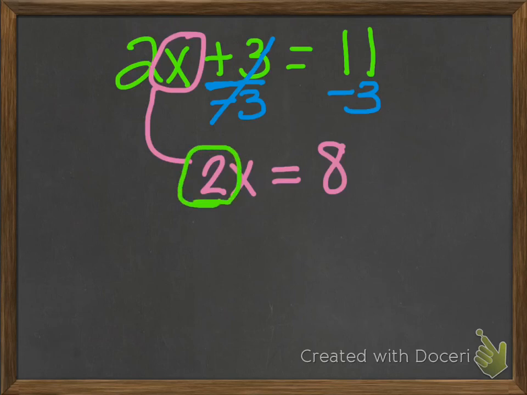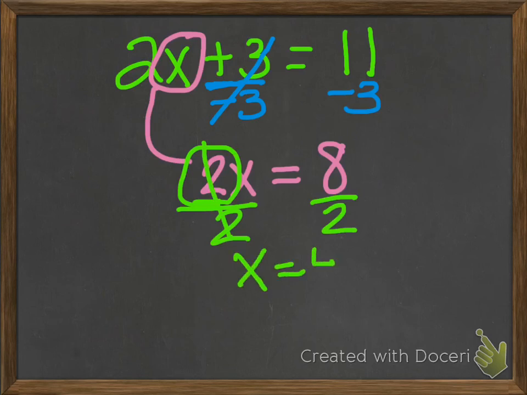And what's it doing? It's multiplying. So we're going to divide both sides by 2. So this cancels out. X equals 4. So now we have a solution. X equals 4. It's no big deal, was it?